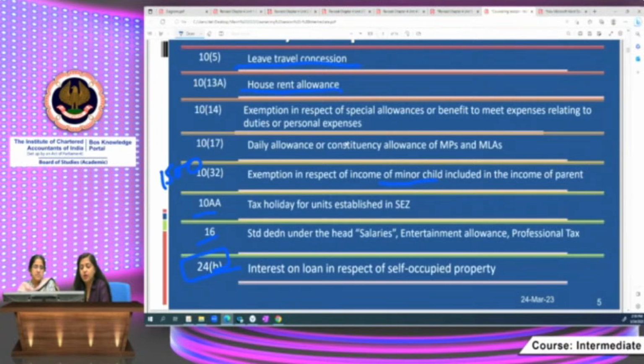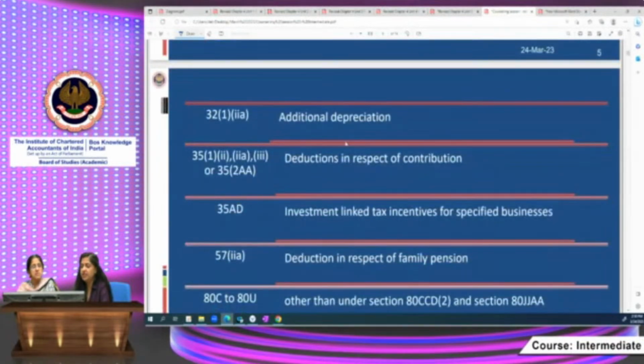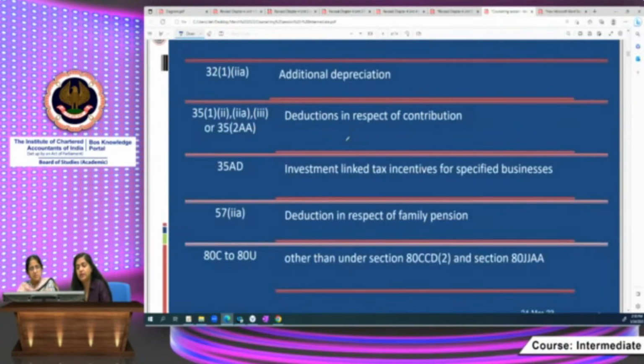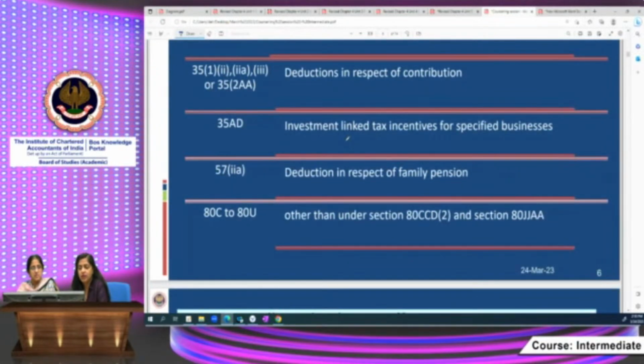But you are not eligible for this interest deduction if you are opting for the concessional regime under section 115BAC. Then additional depreciation, deduction in respect of contribution, and so on, there are many deductions which are not available under section 115BAC. Of the Chapter VI-A deductions, only two are allowed, that is 80CCD(2) and 80JJAA.